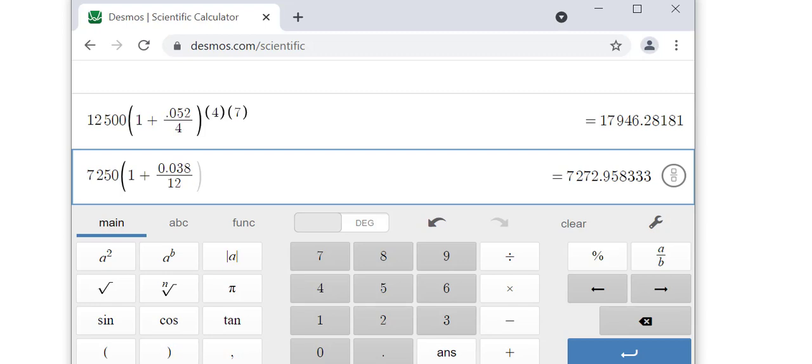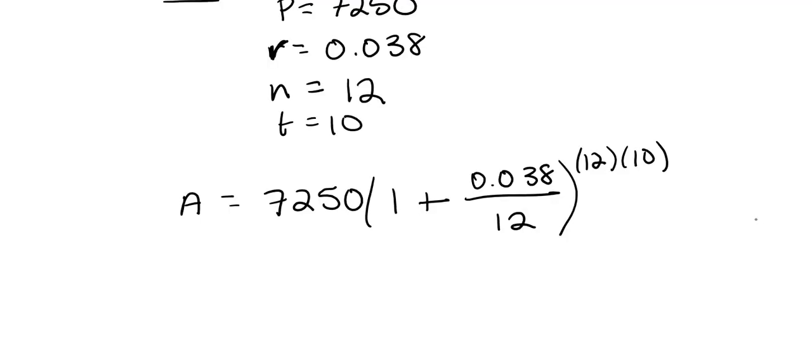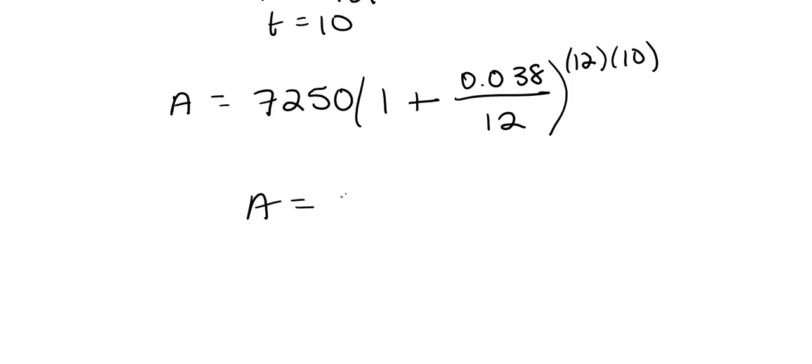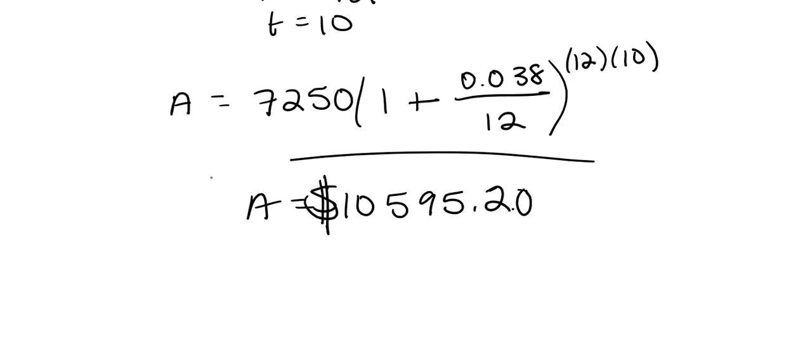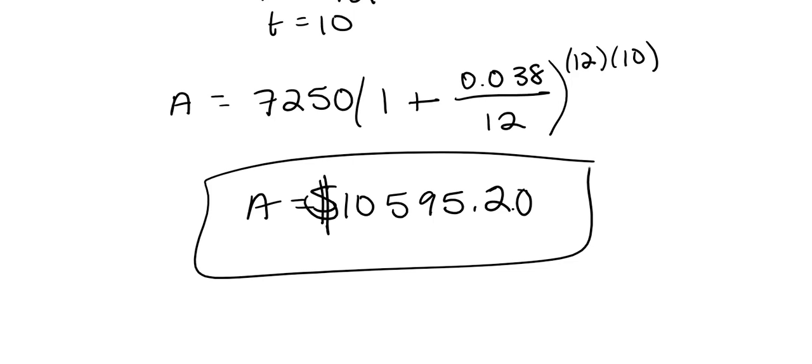We move over with this little line, close the bracket, do this exponent. And now we have 12, and then we have 10, and we get $10,595.20. So let's put that in. So that would be how much you would have after 10 years.